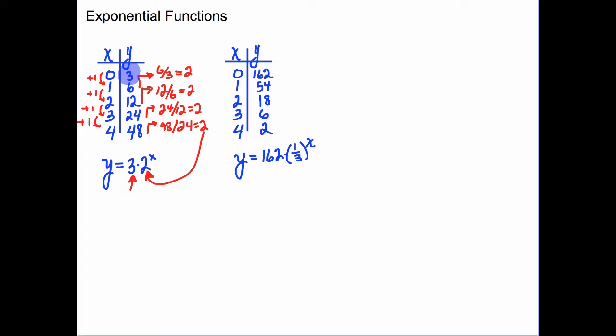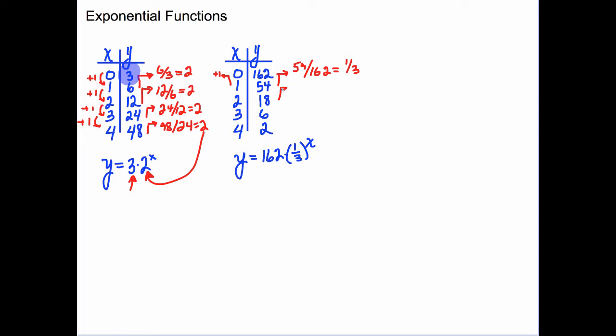Now let's take a look at the second one. Once again, the x's go up by 1, so we can look at the y's. And now we divide 54 by 162, and we'll get 1/3.